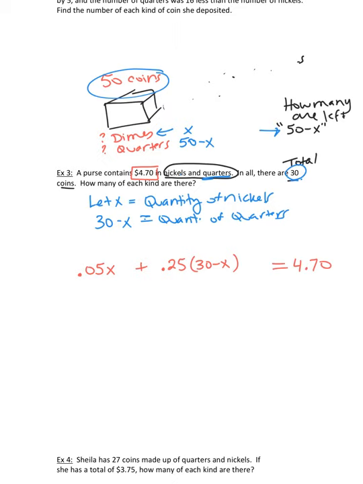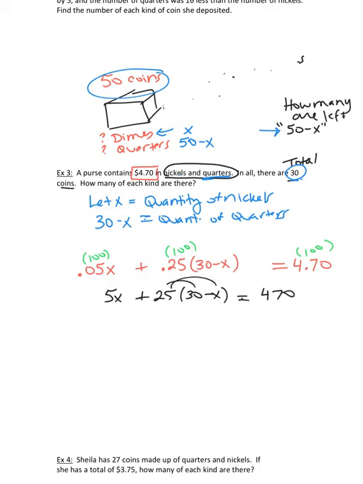If you remember from yesterday, we're going to try to clear the decimal. As you do this more and more, you can skip the step of multiplying by 100 and go straight into expressing this as 5x plus 25 times 30 minus x equals 470.